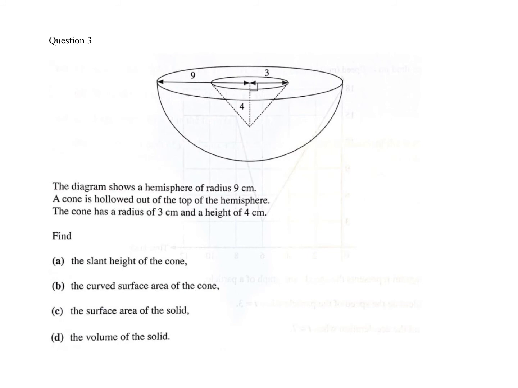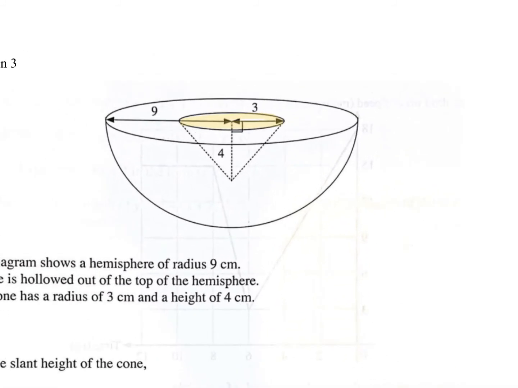That is not true, because when I cut out certain things, I create additional surfaces. Some surfaces really become less, for example the circle over here. This area is being cut out, so I'm going to subtract this area of the circle. But when I carve out this hollow cone, I'm creating new surfaces. This curved surface area here is newly created.